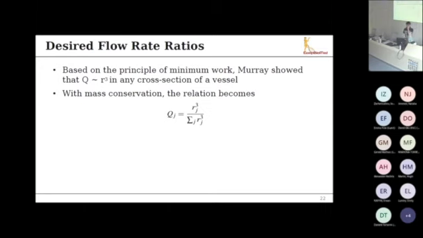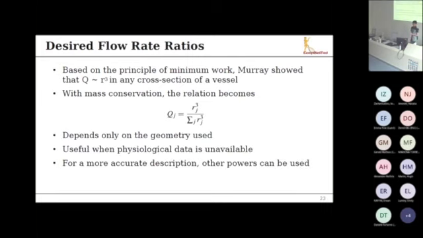With the mass conservation, this relation can be written in this form. The significance of this relation is that we only need the information about the geometry, but not some data on the flow. This is particularly useful when the physiological data is unavailable.